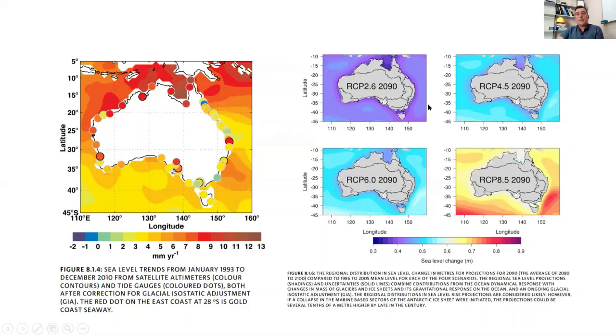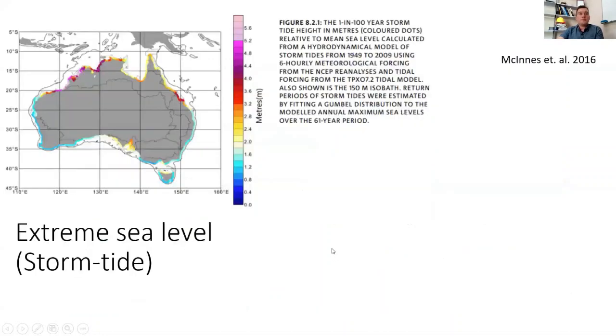On the right are spatial maps for the end of the century, centered on 2090, for the different RCP emission scenarios, showing what the sea level trends could look like by the end of the century, with varying spatial patterns. And this information is used in the CoastAdapt web tool.